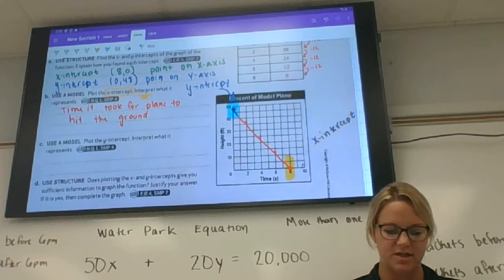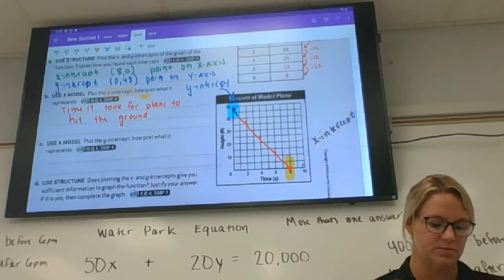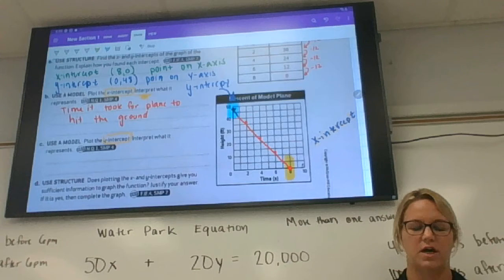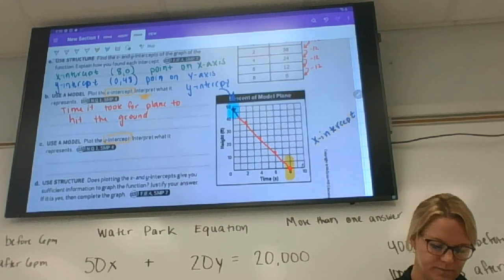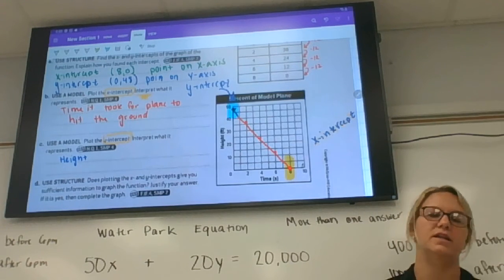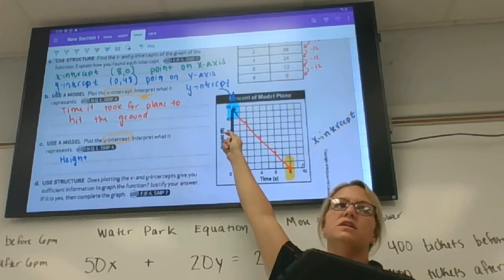All right, y-intercept is done. Mikhail already said it. Can anybody else describe what the y-intercept represents? The height when? Something on 0 feet. Height when it's descending. Specifically, what's this?